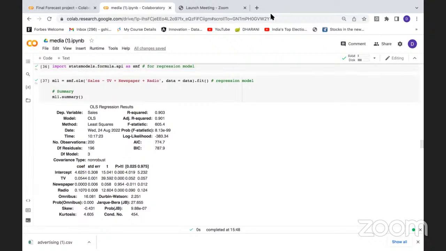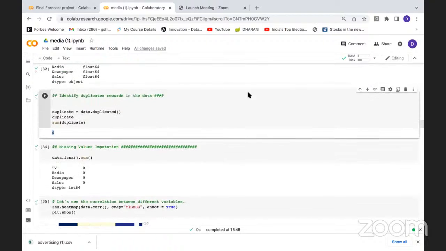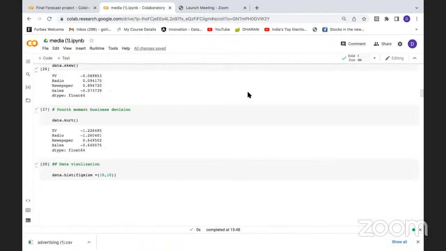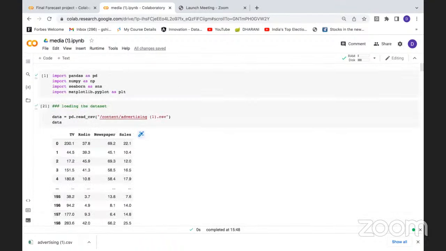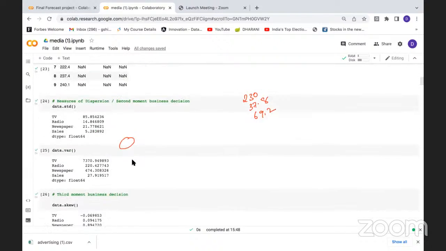So if I write this, let me take one value. To know what the sale is, the inputs are 230, 37.8, 69.2. Okay, these are my inputs.